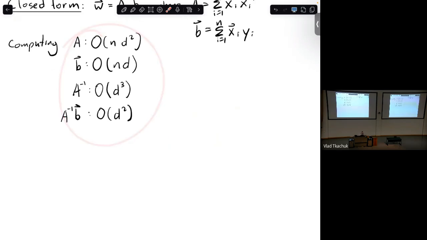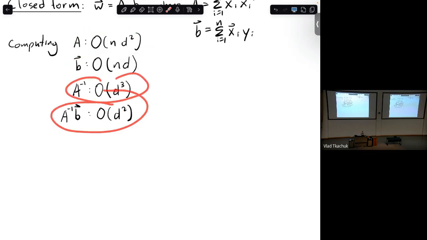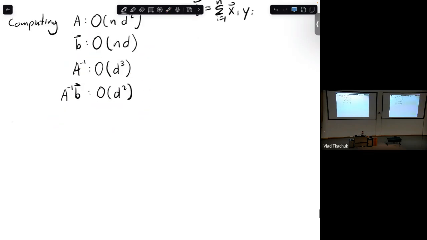Okay, so we got this whole thing. And remember the way this worked was we did this in a step-by-step manner. So really it would be, I need to run for this long, then I run for this long, so that would be added, plus this, plus this. And so maybe to make this absolutely explicit, the total compute is big O of nd squared plus nd plus d cubed plus d squared.